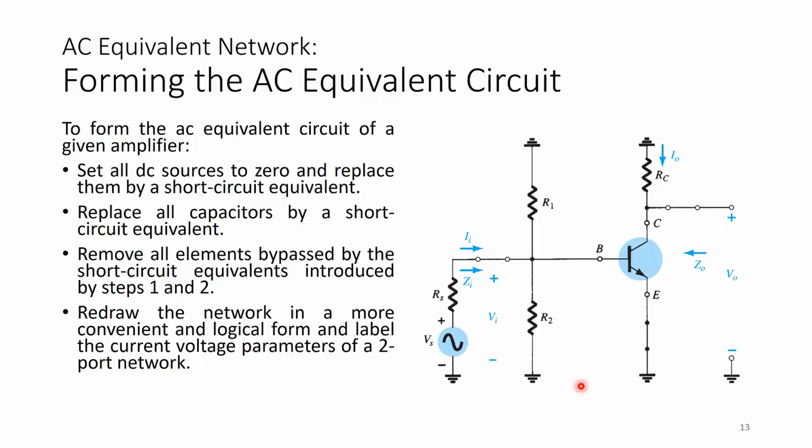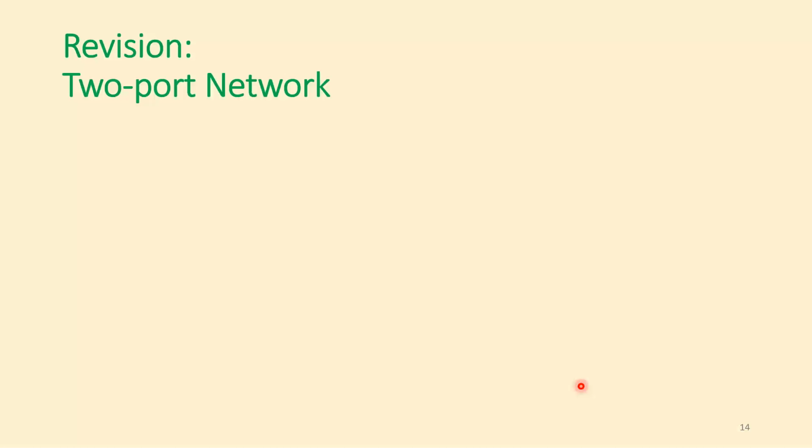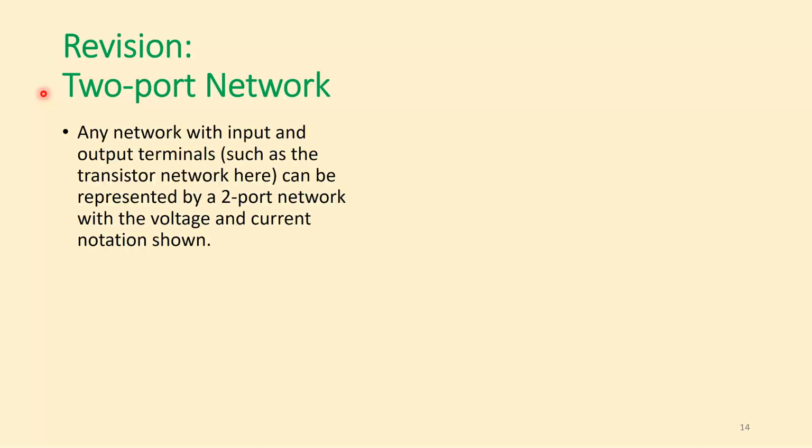So the slide will go back to a revision slide on the two-port network before we proceed. You may or may not have covered two-port networks in your studies before this. Even if you haven't, as a topic, it's not difficult. What I explain in this slide is enough for you to proceed.